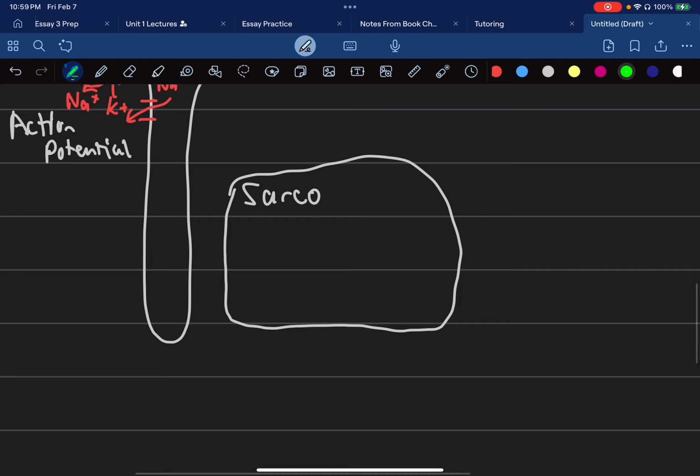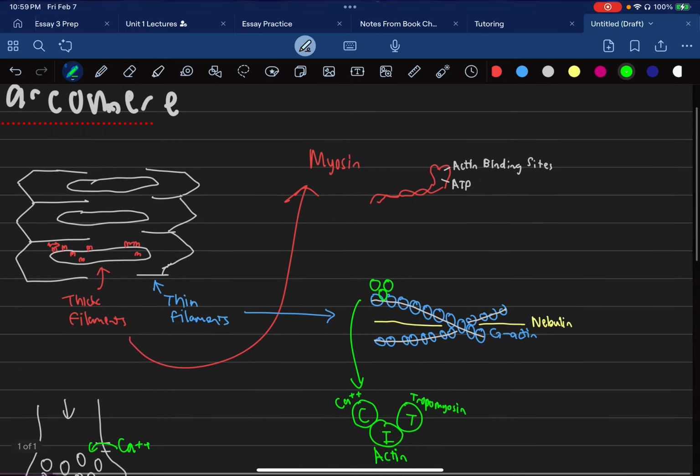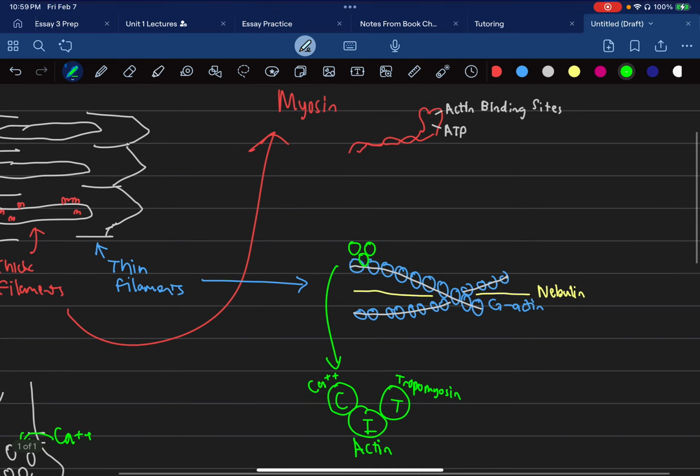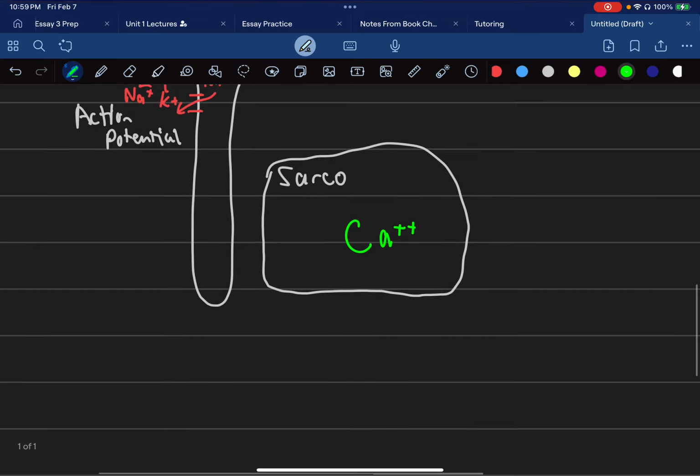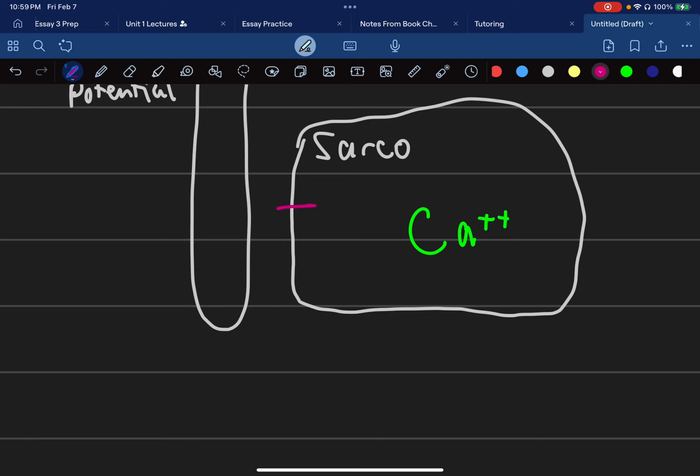The sarcoplasmic reticulum has a lot of calcium inside, which, as we just looked at, we are going to need to have any binding of the myosin to the actin. So the calcium is stored inside here, and the way that it's going to get out is the sarcoplasmic reticulum has a channel called RYR, and then there's also on this T tubule a channel called DHP.